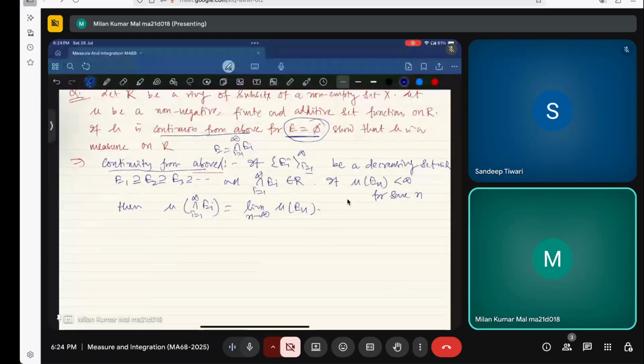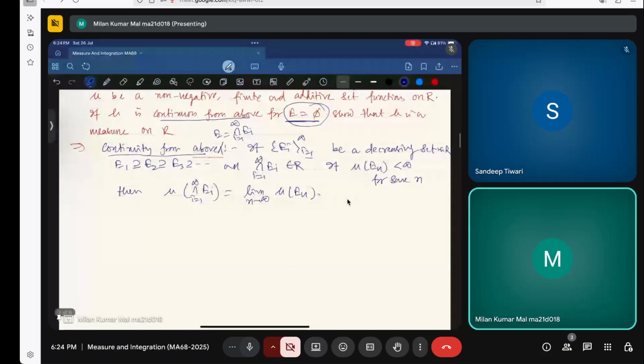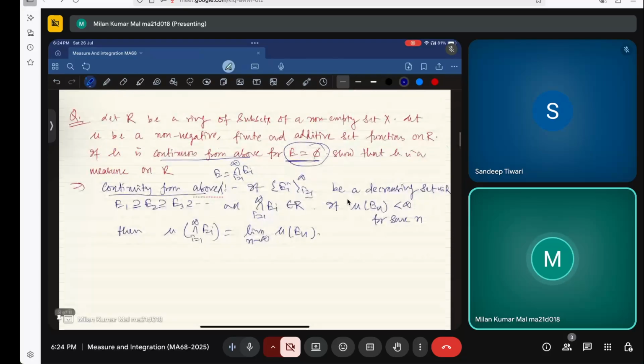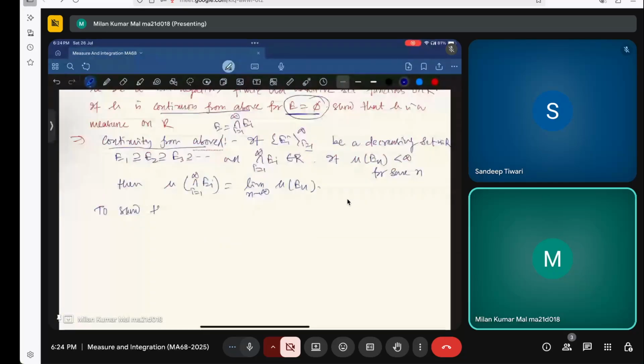Take the question: let R be the ring of subsets on a set, let mu be a non-negative finite additive set function on R, and mu is continuous from above, so that mu is a measure on R. We have to show that mu of the empty set is equal to 0 first.